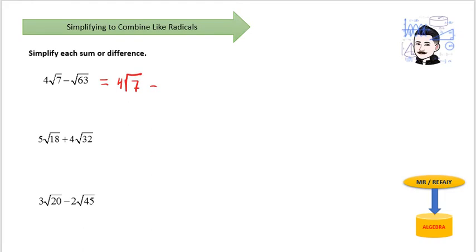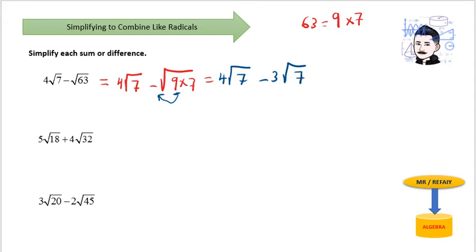We can change 63 to be one number that is a perfect square times another number, 7. So we can write it as root 9 times 7. After that, we write the first one as 4 root 7 minus, and for 9 we can get its root and send it out, it will be 3 root 7.